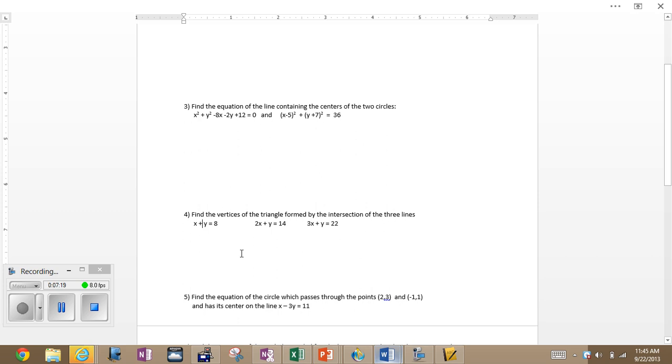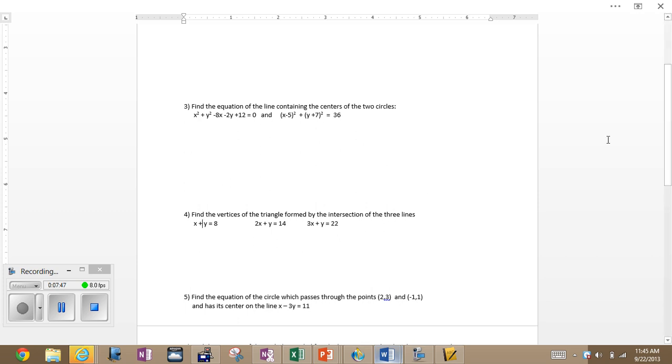The first two, find that point of intersection. The second two, find their point of intersection, and then the first and the third, and find their point of intersection, and they will be the 3 points defining a triangle.